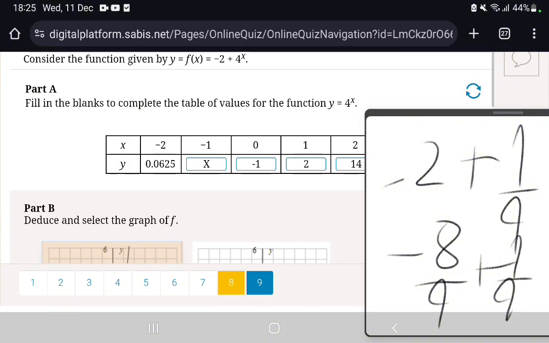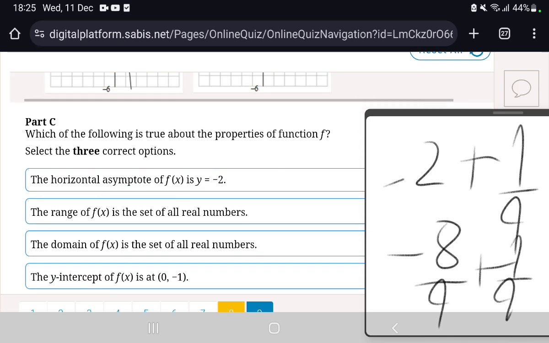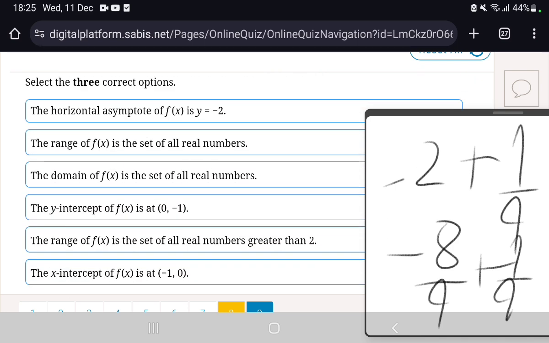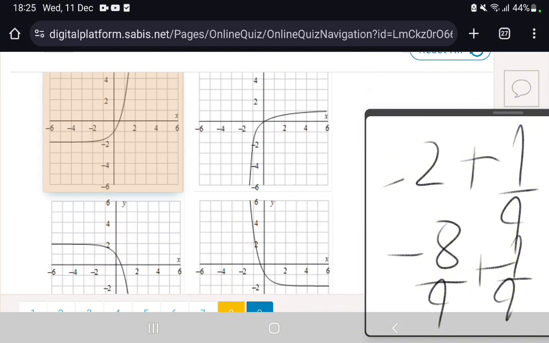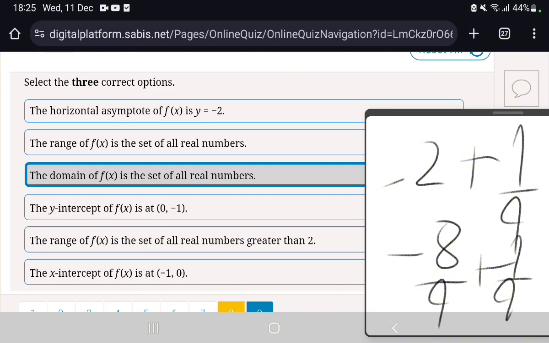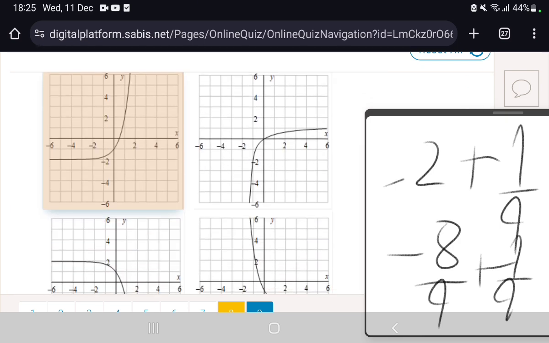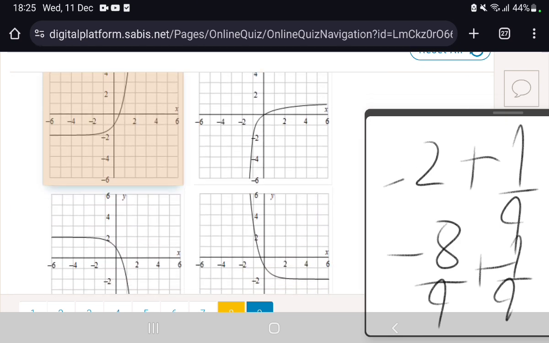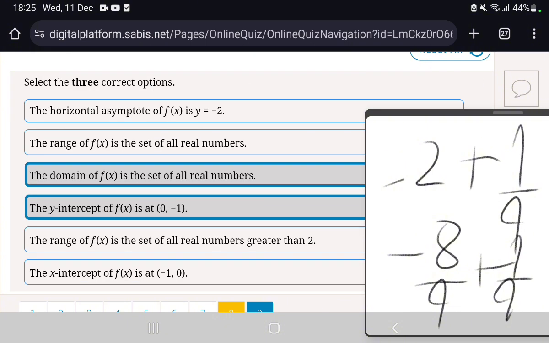The range is not the set of all real numbers. The domain is the set of all real numbers. And it intercepts the y-axis at negative 1. And the x-intercept, it does not intercept it at negative 1. So it's this one.